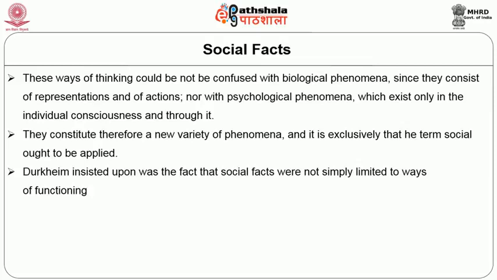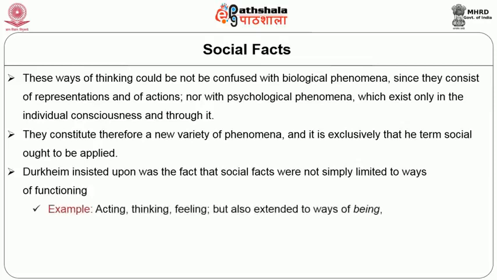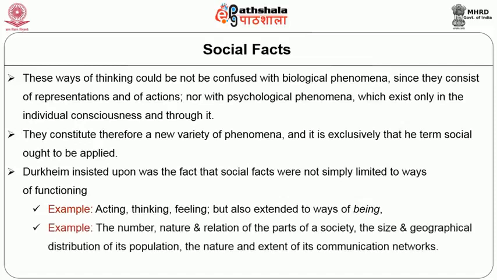One thing Durkheim insisted upon was the fact that social facts were not simply limited to ways of functioning, for example of thinking and feeling, but also extended to ways of being. For example, the number, nature, and relation of the parts of society, the size and geographical distribution of its population, the nature and extent of its communication networks.